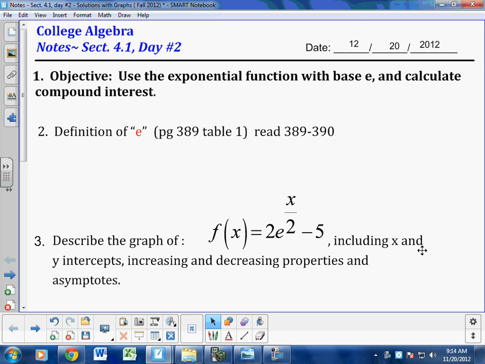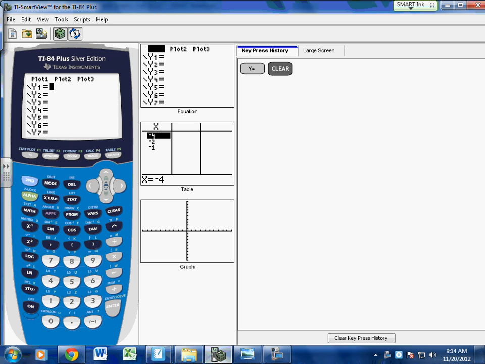Now, everybody identify the log button on your calculator. I'm just going to write it up here. Let's review some logs. See the log button? Everybody type in log 10, equals.